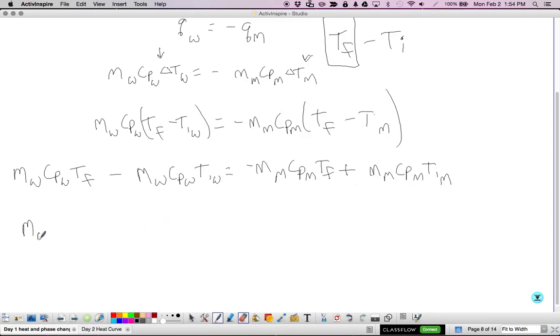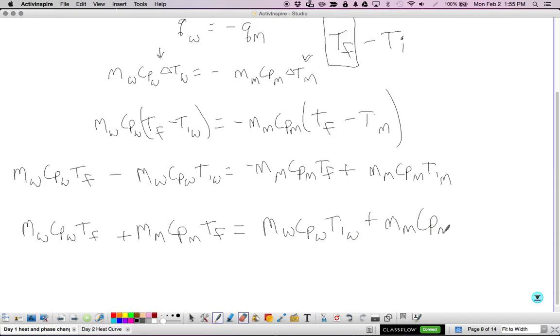So I get mass of water, C_P water, times T final, plus mass of metal, C_P metal, T final, equals mass of water, C_P water, T initial water, plus mass of metal, C_P metal, T initial metal.